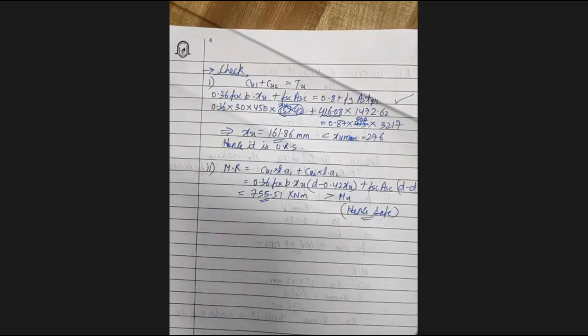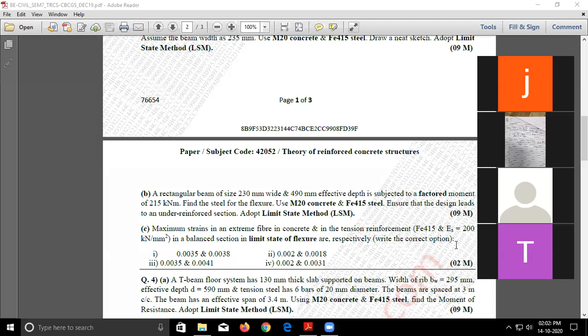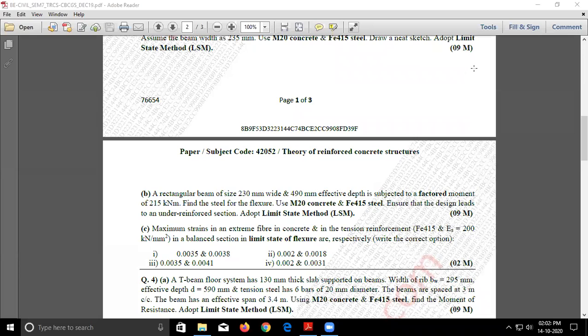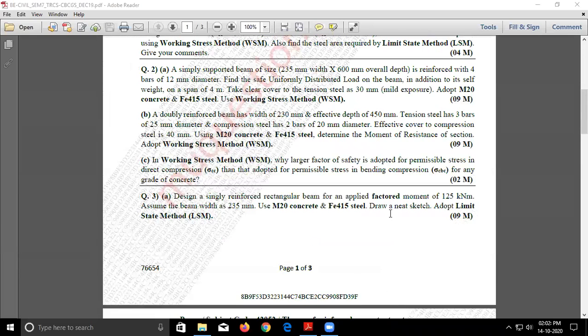Is my screen visible now? Yes, sir. Okay, let us try to find out if any doubly reinforced problem is there or not.